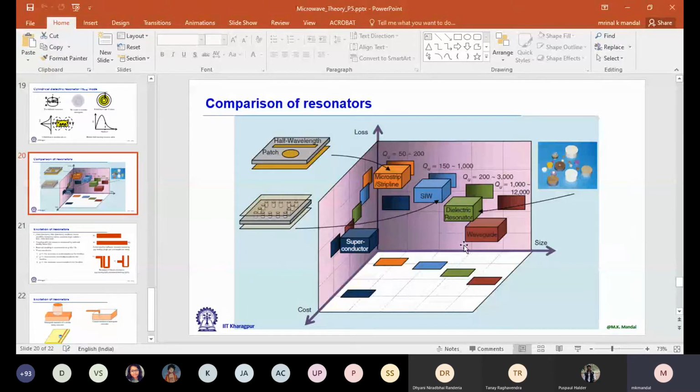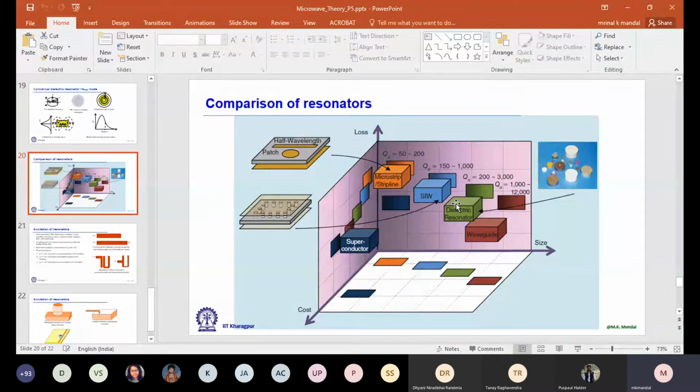Well, next is the waveguide. As we see, its unloaded quality factor can be as high as 12,000. There is a technique which is a combination of waveguide with dielectric resonator.